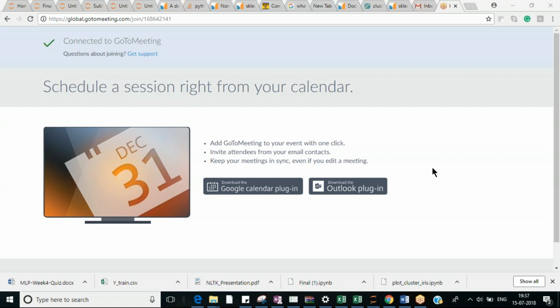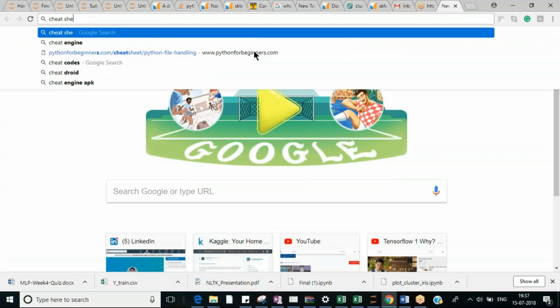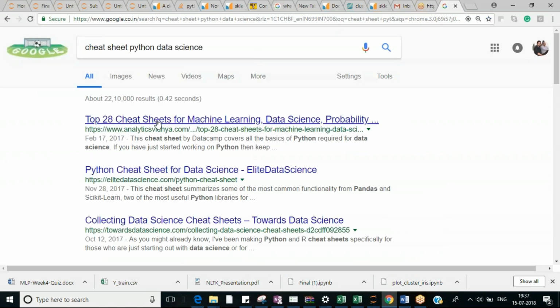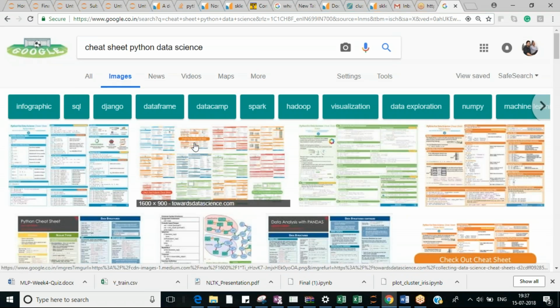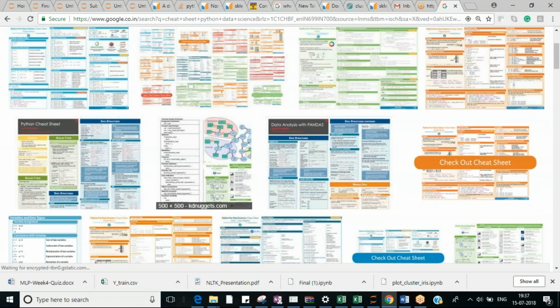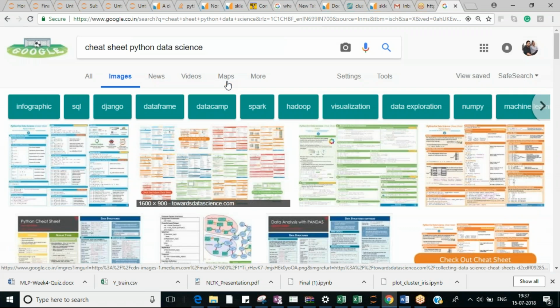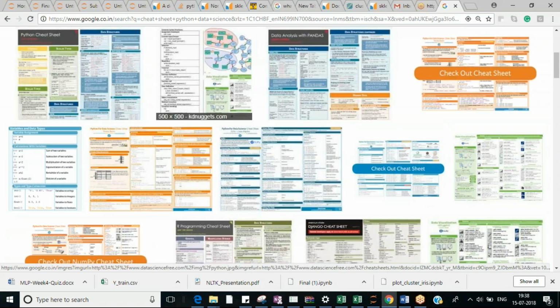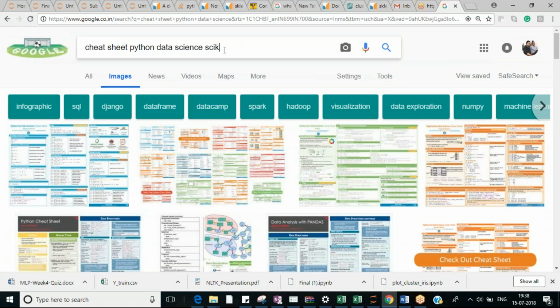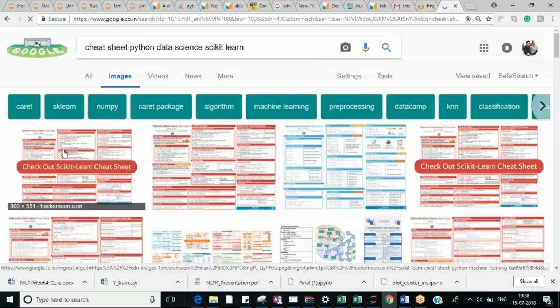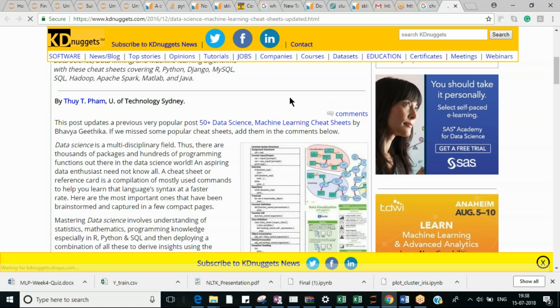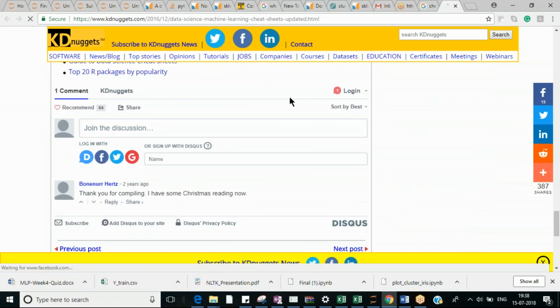I think you can find a cheat sheet on Google.